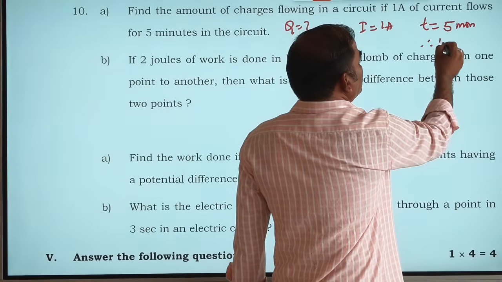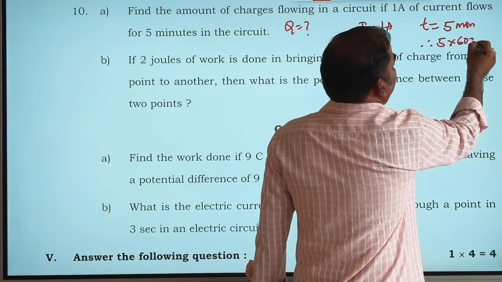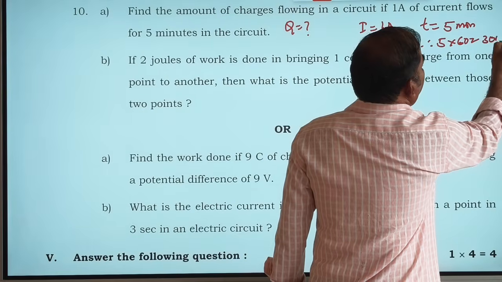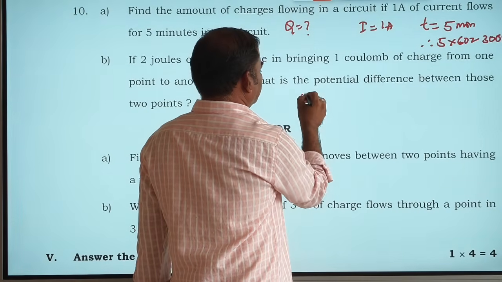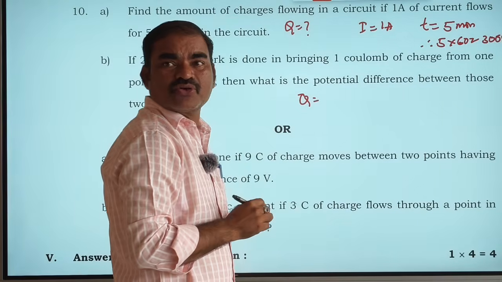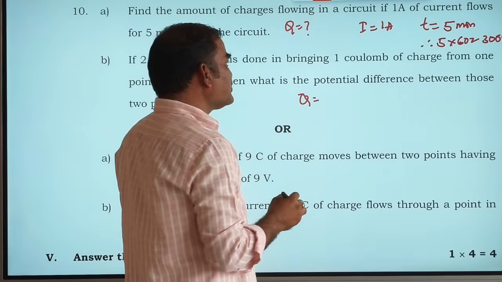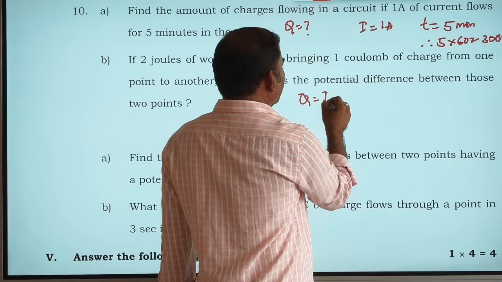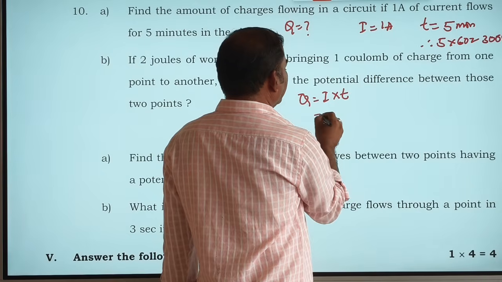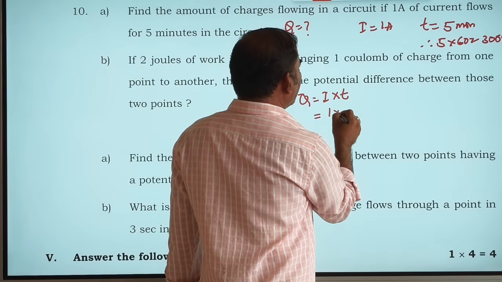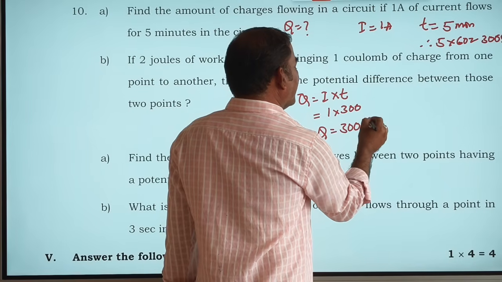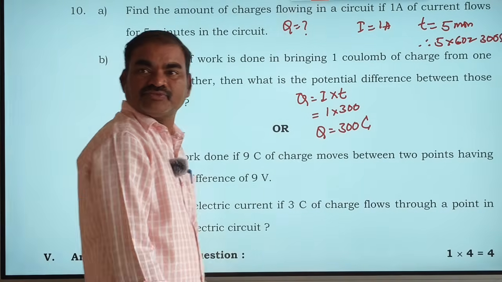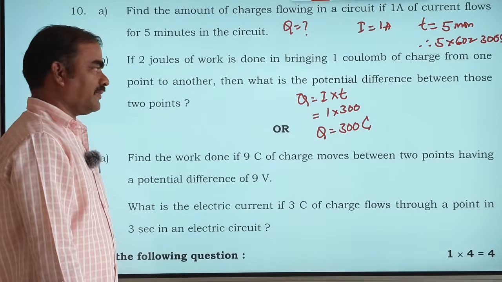So it becomes 5 into 60, which gives 300 seconds. So Q equals current into time. This gives 1 into 300. Q equals 300 coulombs.